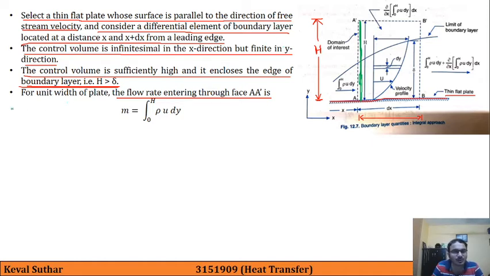Because if you recall our standard formula, m is equal to rho into v into A, where rho is the density. Instead of velocity we have u, and instead of area we have dy into 1.